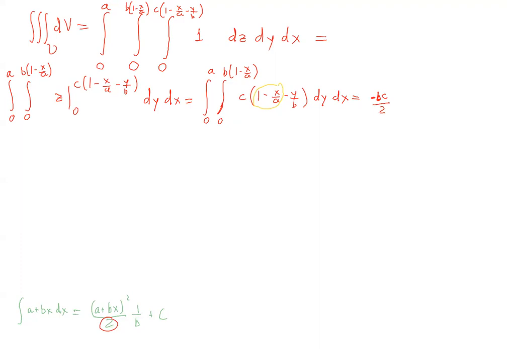And then I will have simply 1 minus x over a minus y over b squared. And this should go from 0 to b times 1 minus x over a. And the whole thing needs to be integrated from 0 to a with respect to x.